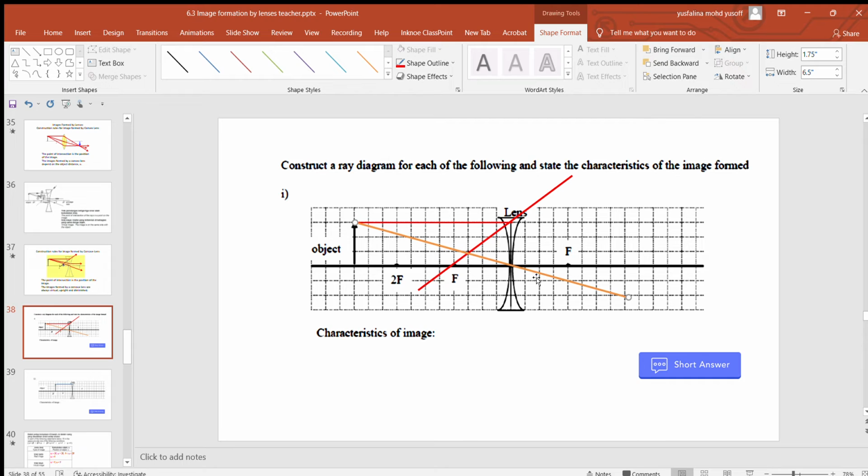So you can see there is an intersection right here. So this will be the image. What's the characteristic of the image? The characteristic is virtual, and upright.